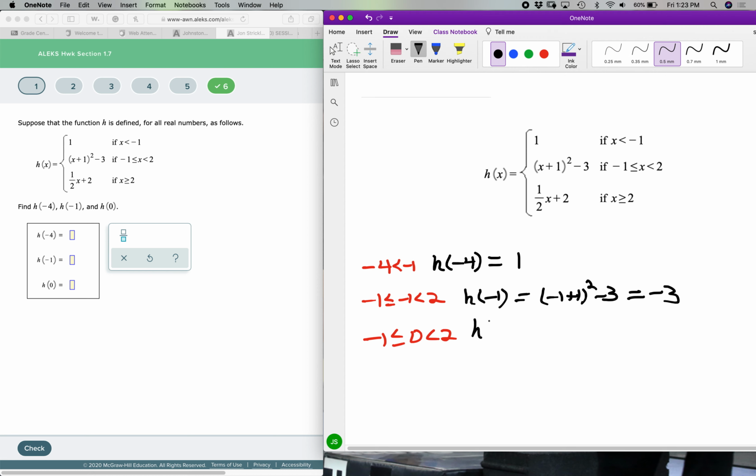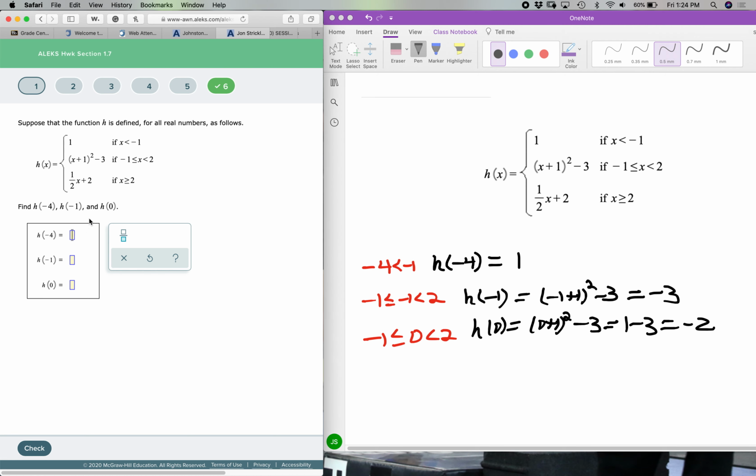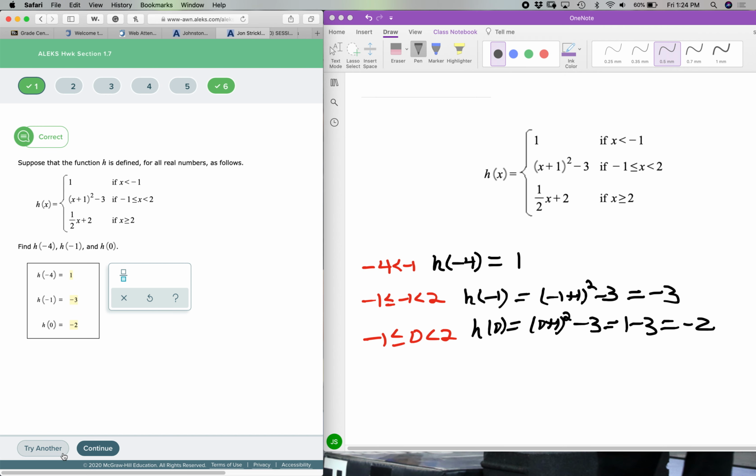So you have 0 plus 1 quantity squared, minus 3, and 1 squared is 1, minus 3 comes out to negative 2. In checking the results here, we've got 1, negative 3, and negative 2, and upon checking, that is correct.